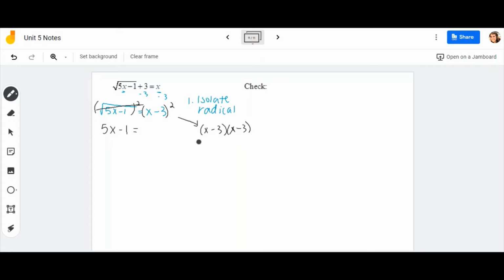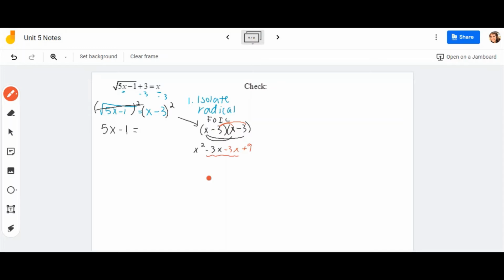So we need to do some foiling here to help us see what we get. So x times x is x squared, x times negative 3 is negative 3x. And then we get another minus 3x, and then negative 3 times negative 3 is positive 9.